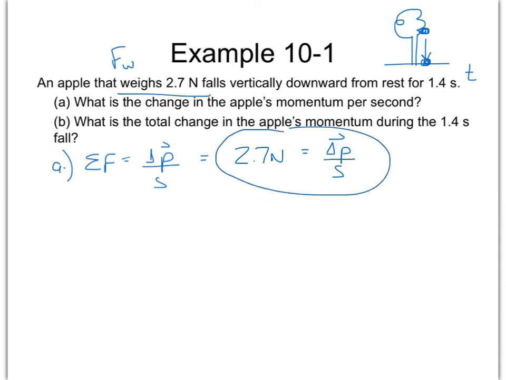We say 2.7 newtons, but if we want to put that into momentum units, it's 2.7. What's the units for momentum? That's kilogram meters per second, and then divided by second again. It's really kilogram meters per second squared right here.